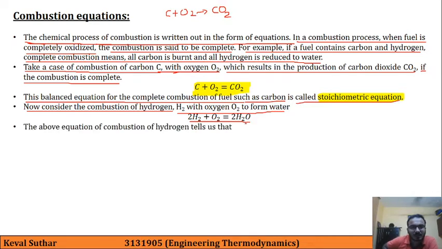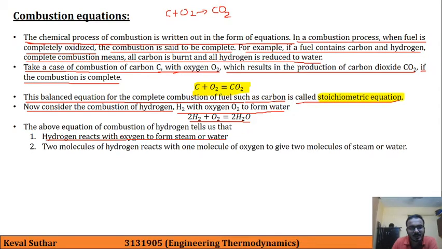And the above equation tells us that, first, hydrogen reacts with oxygen to form steam or water. Second, 2 molecules of hydrogen react with 1 molecule of oxygen to give 2 molecules of steam or water.